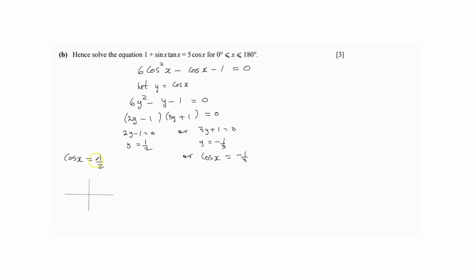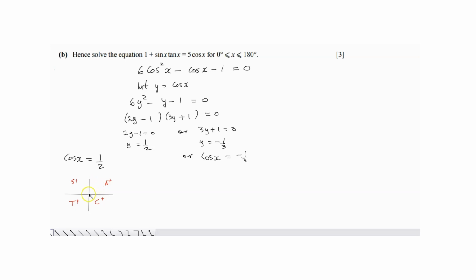Since cosine is positive, we know that from the quadrant rule, all the ratios are positive in this range. We know that sine is positive in this range in the second quadrant, and here tan is positive, and in this quadrant, the fourth quadrant, cosine is positive. So it means that we can state the possible values of x.